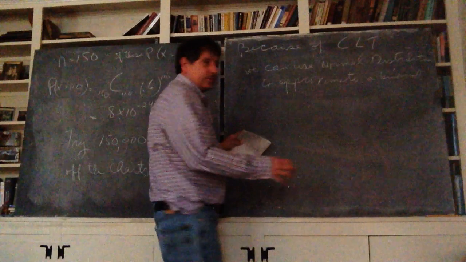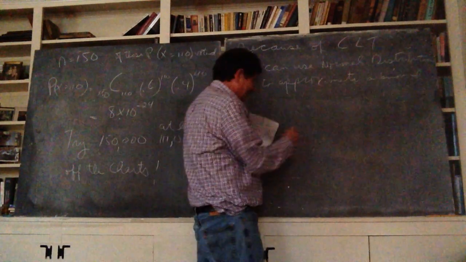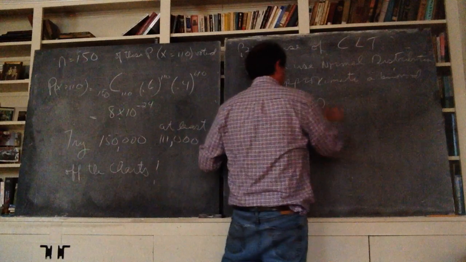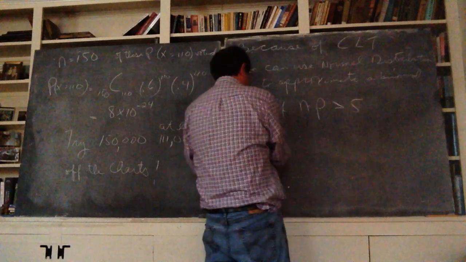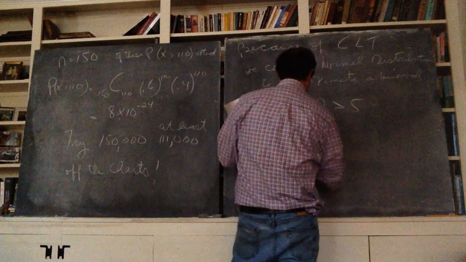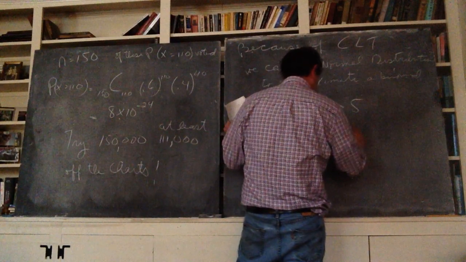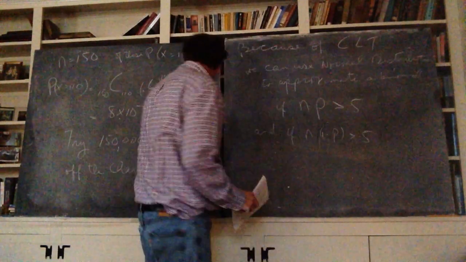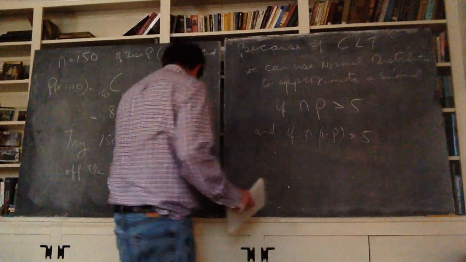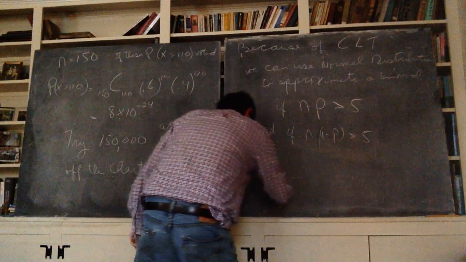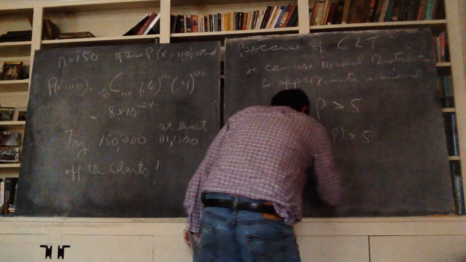And you can do this if n times p is greater than 5, and if n times 1 minus p is also greater than 5. And I want to talk about what n times p is in this example. Please note, n times p is the mean.